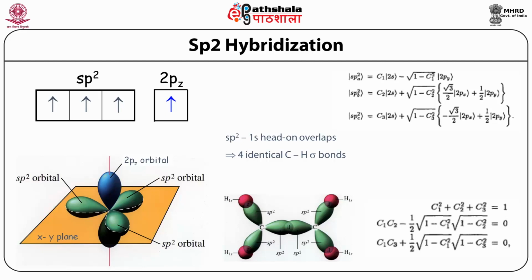C1 C3 plus half multiplied by root of 1 minus C1 square multiplied by root of 1 minus C3 square.